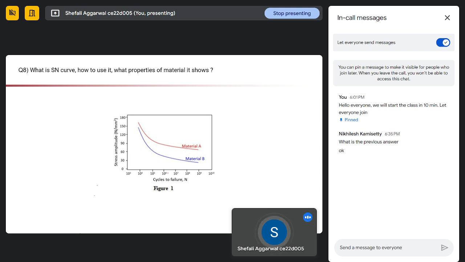So in this case, what will be the fatigue life? You can take any material. The point at which this curve becomes straight, the cycle at which this curve becomes straight, that point where we have a failure is called the fatigue life.